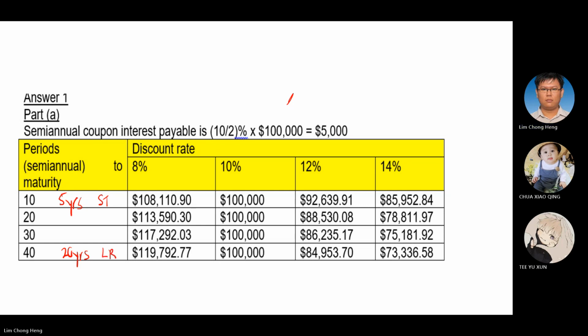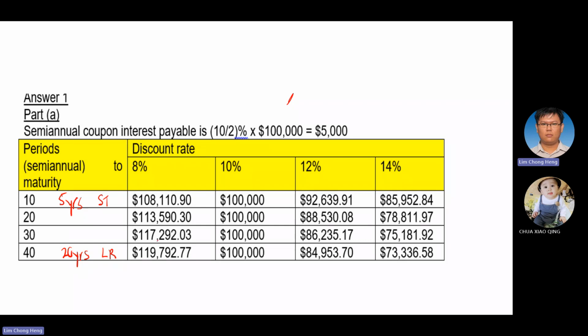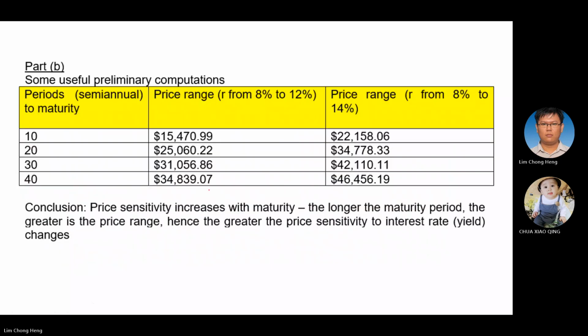So if you calculate, you get the price here, and you get the price here. Now we take the difference. We take the changes, 10% change to 8%, or 12% change to 8%. See the impact. You see, the price changes from 8% to 14%.